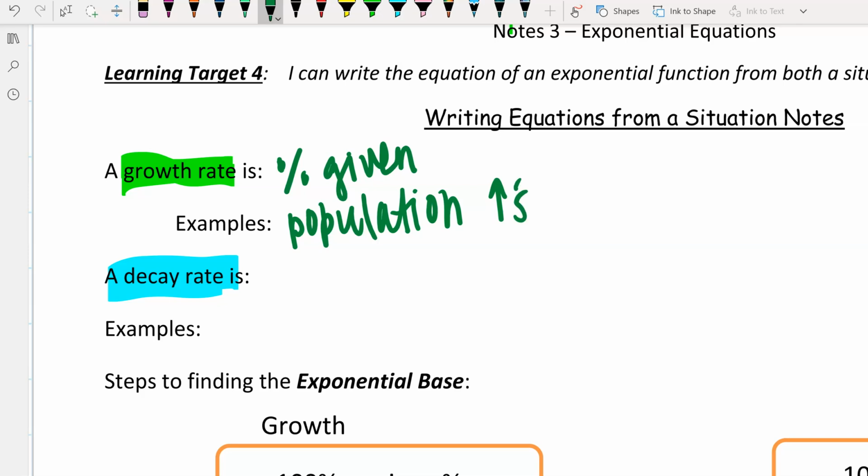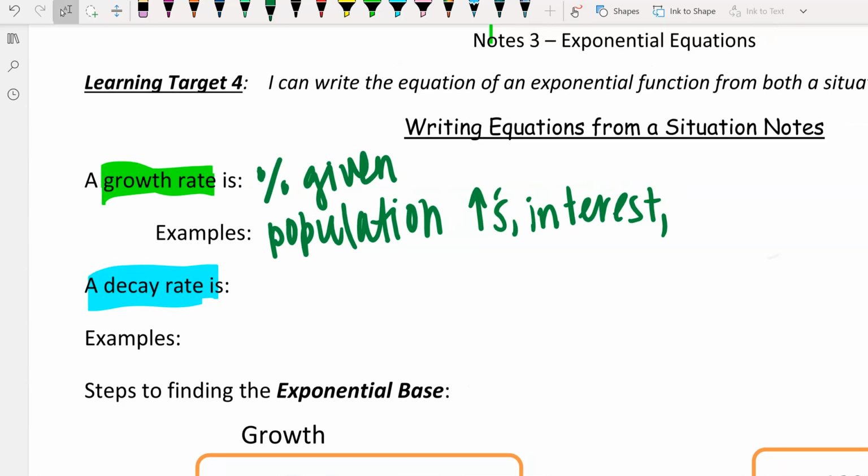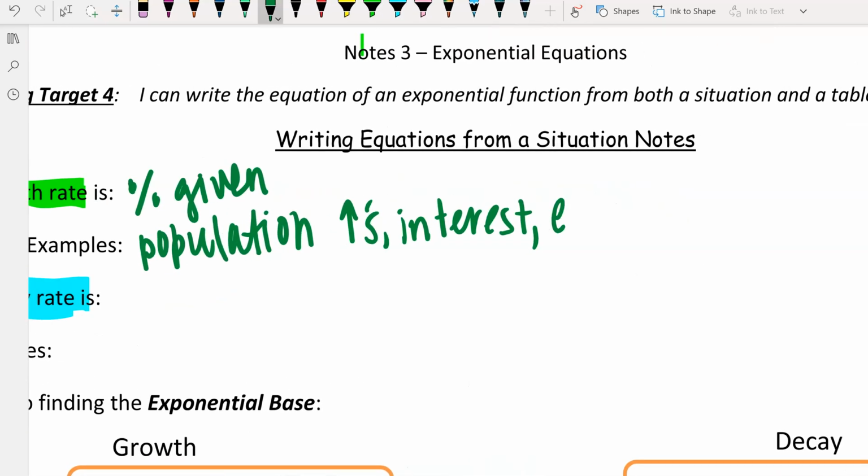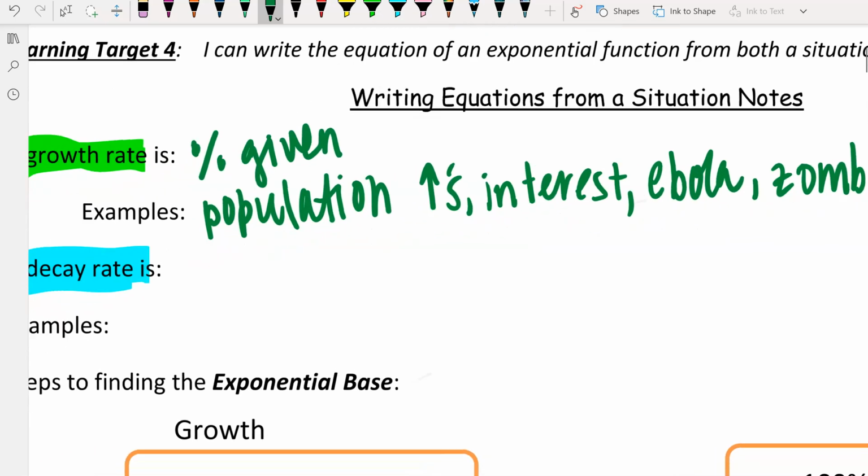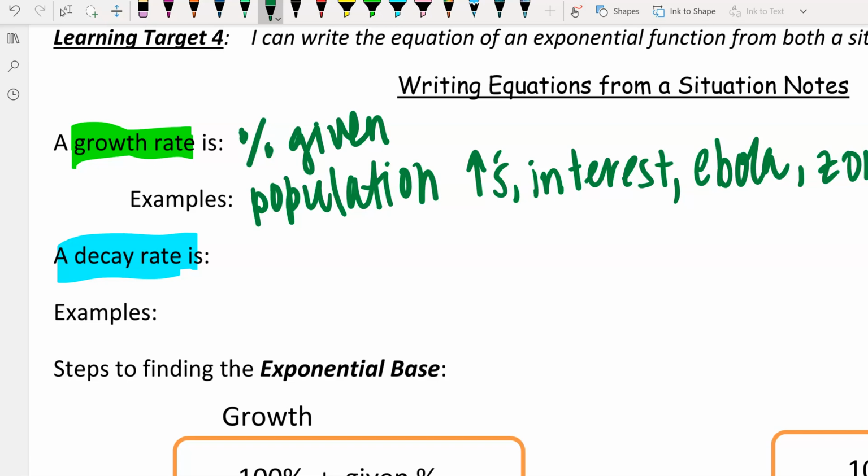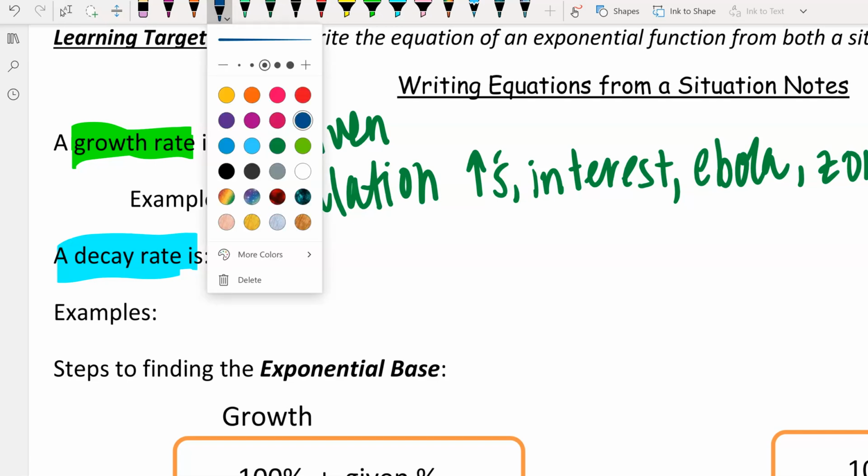So I'll do my little arrow increases, or a percent given when we're talking about interest, or a percent given when you're talking about like a disease, spreading of disease, which we're all very familiar with at this point with COVID, or something ridiculous like zombies. They tend to grow super fast in population. So, but the main thing is you understand is that it's a percent given that indicates growth.